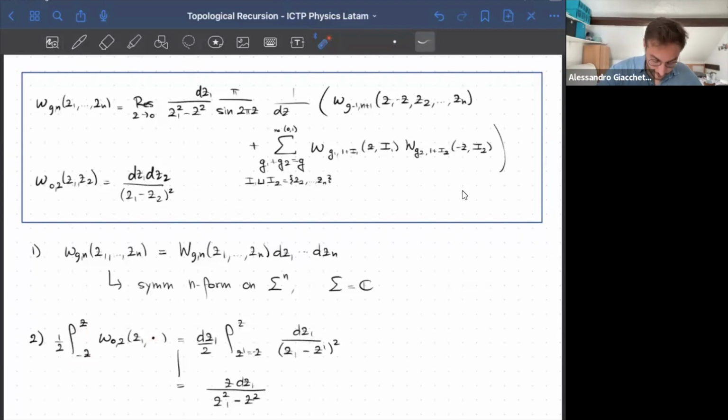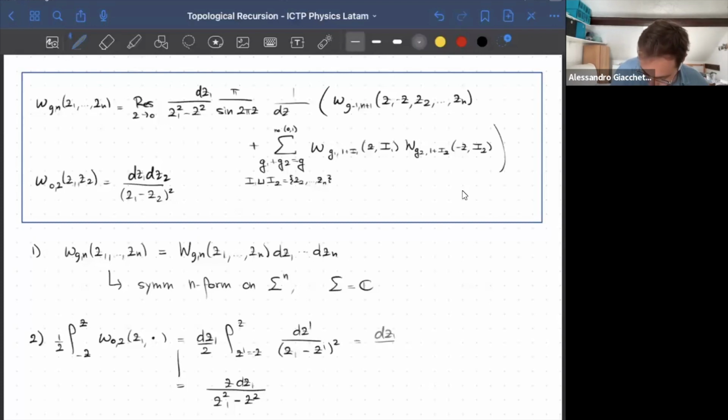Because the first variable is frozen, I have this dz1 here. And then I have to integrate what is left. Sorry, here there's a typo. I have to integrate in the variable z prime from minus z to z. And so when you do this, you will have something like this.